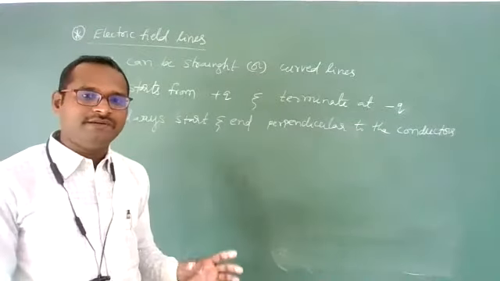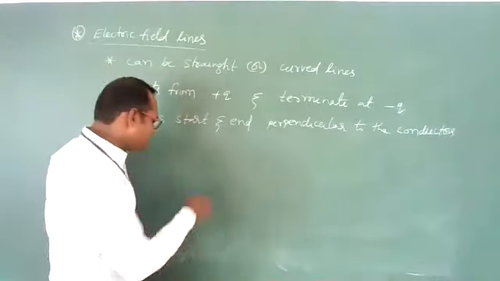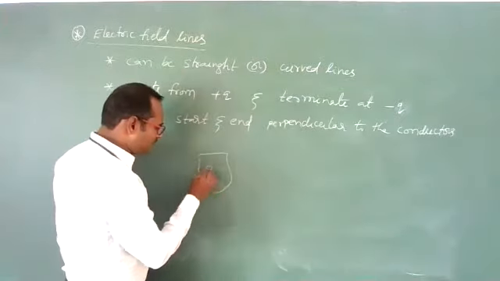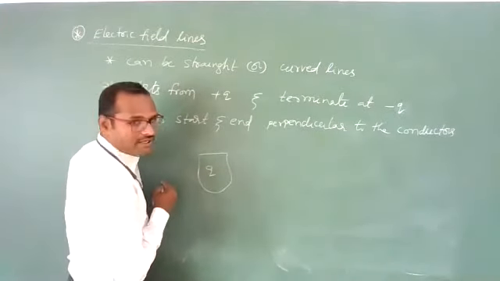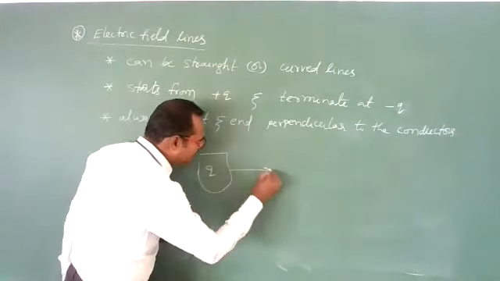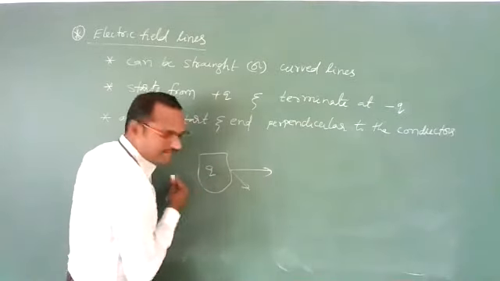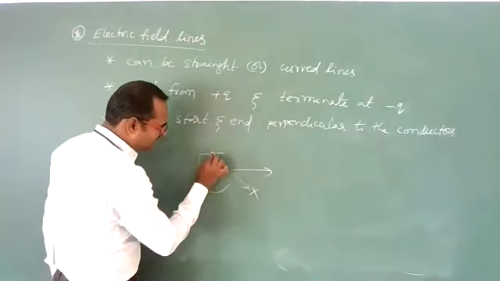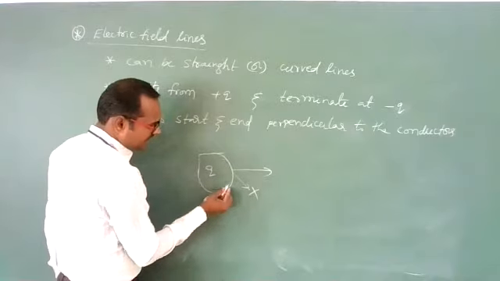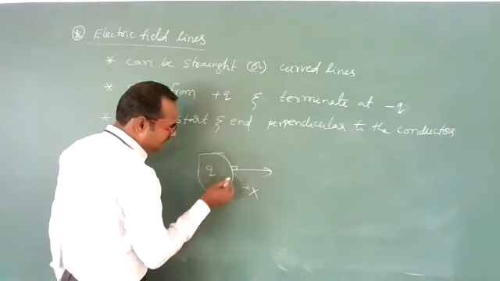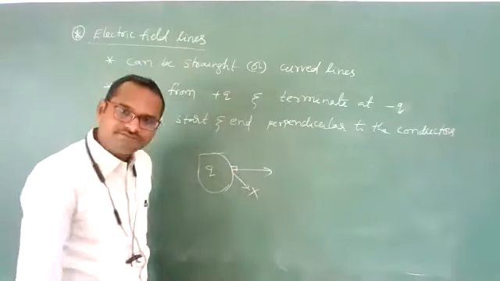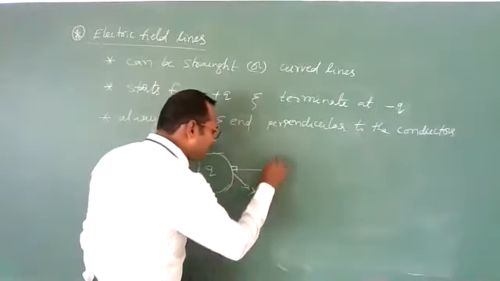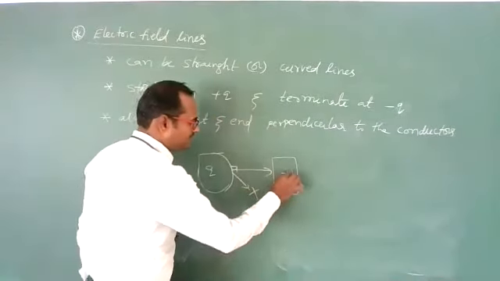Always they will start perpendicularly and end perpendicularly. Let us imagine one conductor, one charged particle, Q. They will start perpendicularly like this. They cannot be inclined like this. If the surface is curved, they will still be perpendicular to it always. They cannot be inclined like this. Always they will start perpendicular and end perpendicularly at the negative charge.